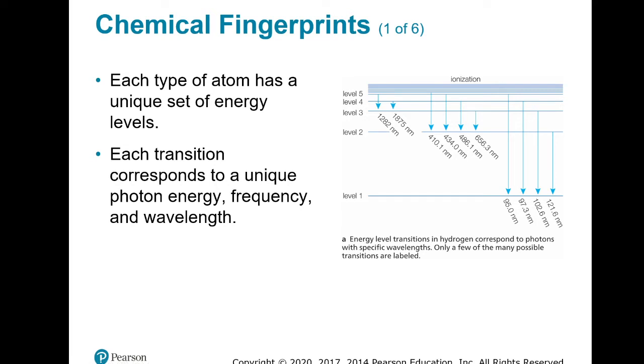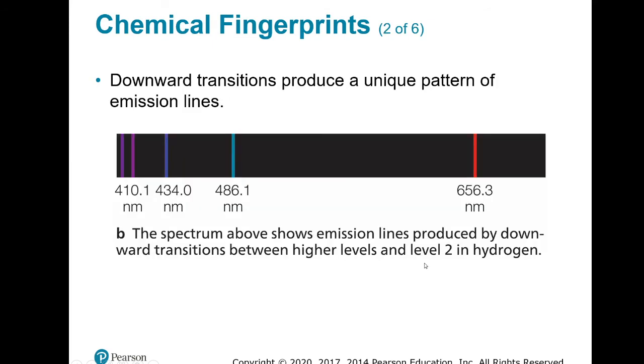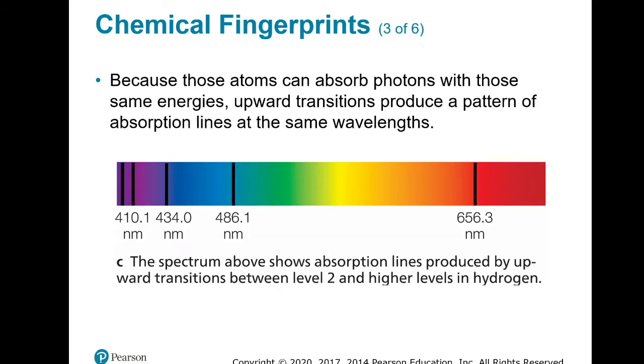Let's look at another example here. The visible light spectrum, our sun, will emit in all of these wavelengths. If there is a cooler gas between the sun and us, then the atoms within that gas are going to absorb certain wavelengths of light.